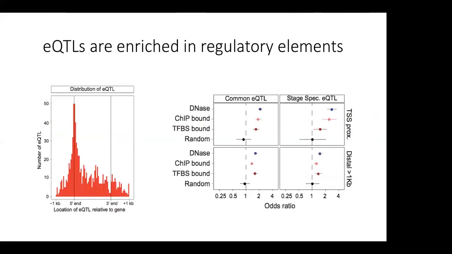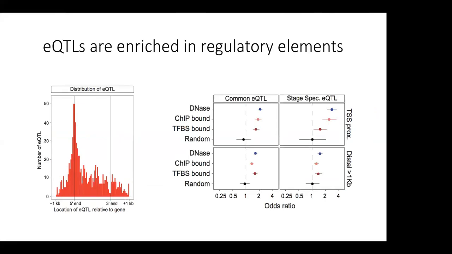So what we did, furthermore, in order to observe where these eQTLs are located, we observed that these eQTLs are located mostly at the 5' end of the gene, where promoter elements or proximal regulatory elements of the transcription are located.